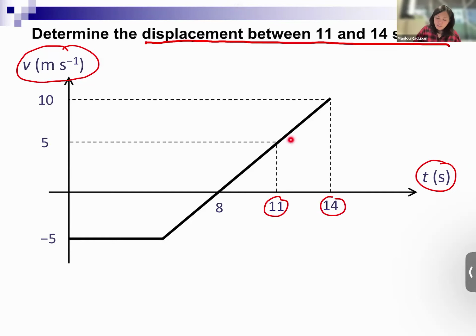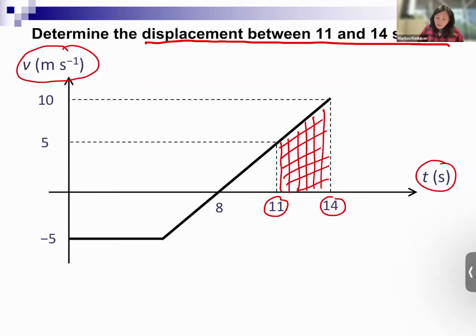Which means that we need to calculate the area of this portion of the graph, the area between the graph and the horizontal axis.